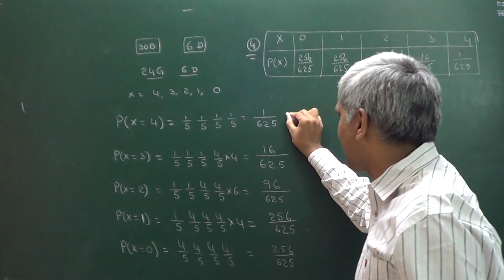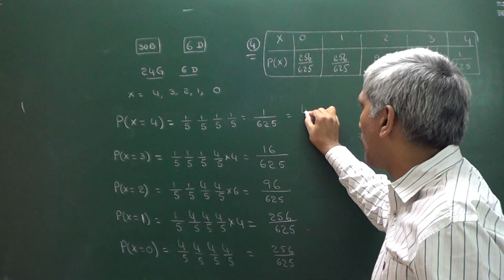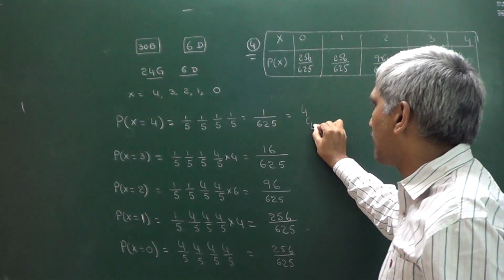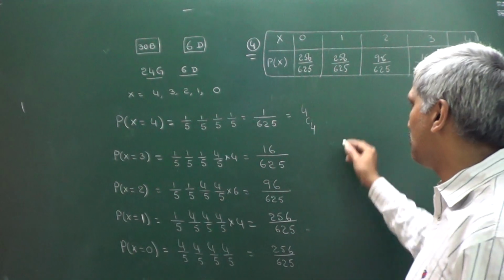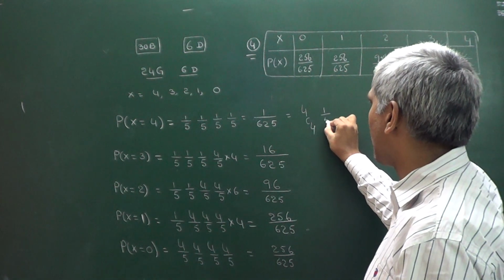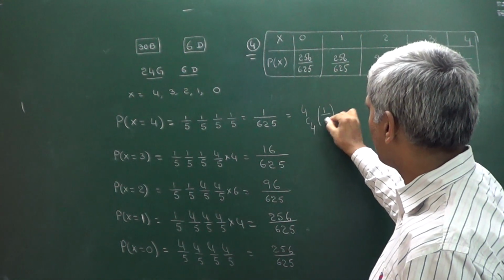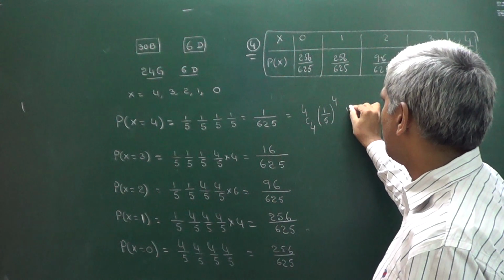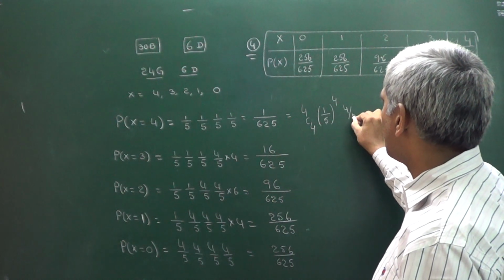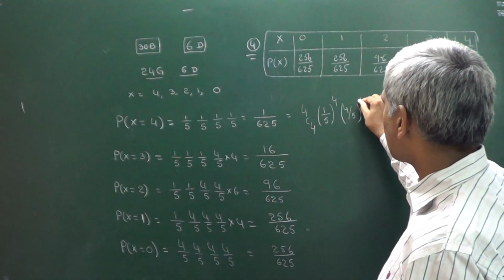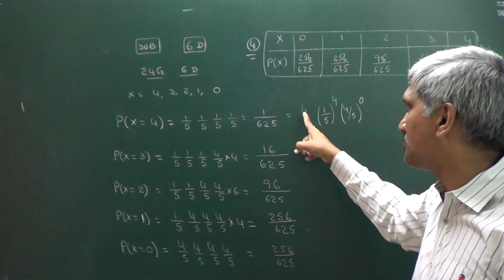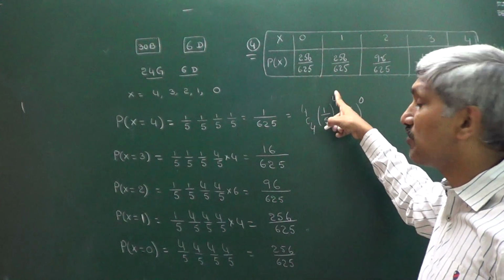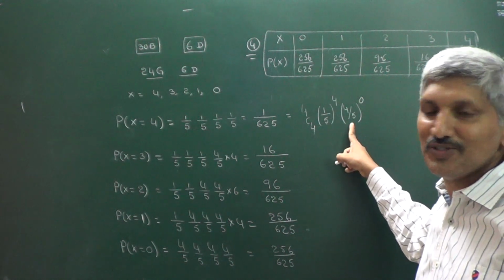Out of 4 we have to get 4 defective, that is 4C4 into defective to the power 4, not defective to the power 0.